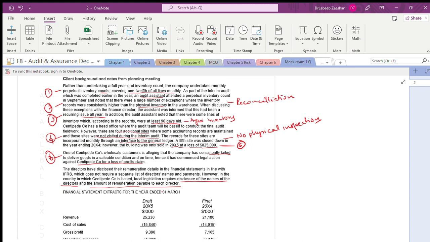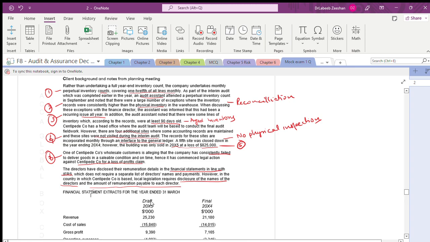However, in the country in which Centipede is based, local legislation requires disclosure of the names of directors and the amount of remuneration payable to each director.